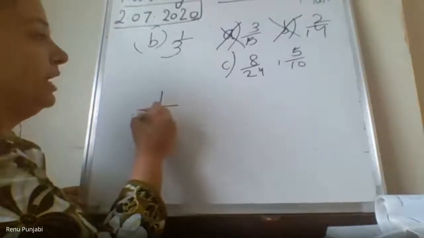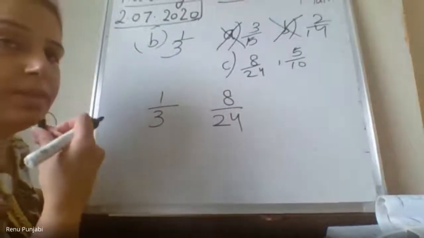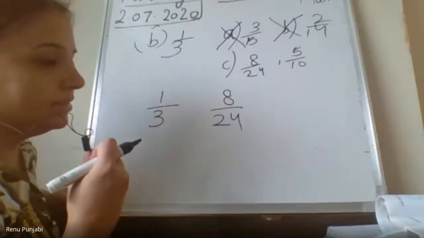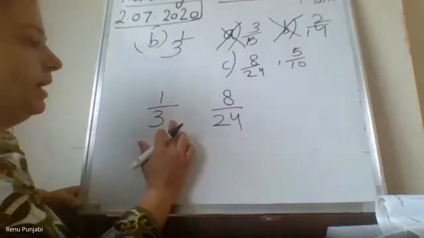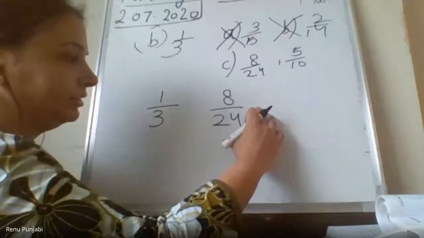1 upon 3, 8 upon 24. We have written the main fraction, and then we are comparing it with the other fraction.